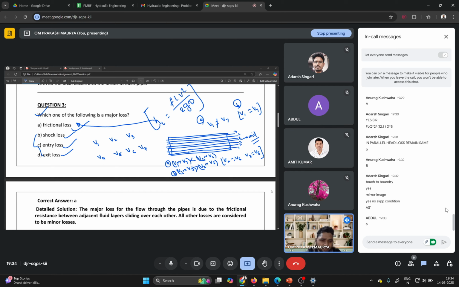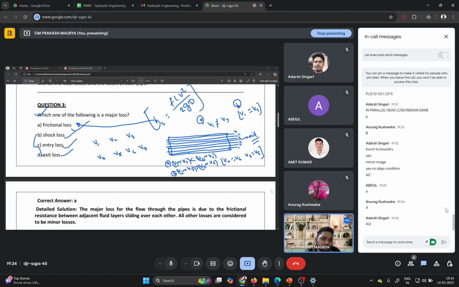So Abdul is telling option A. Anurag is also telling A.